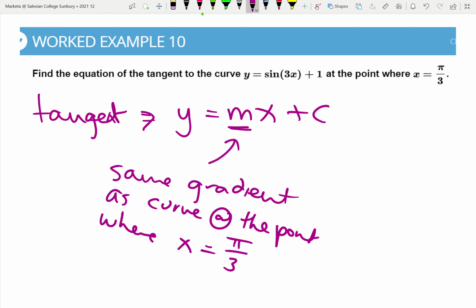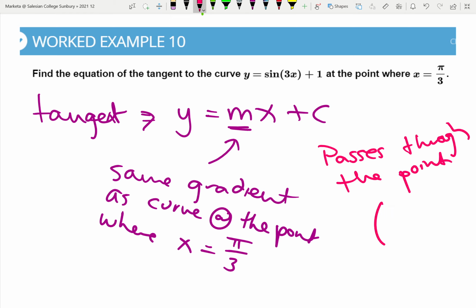And it passes through the point. The y value for that, we don't know yet, but we can find that out.